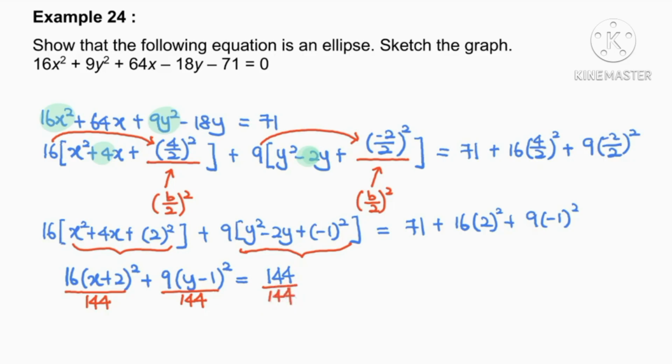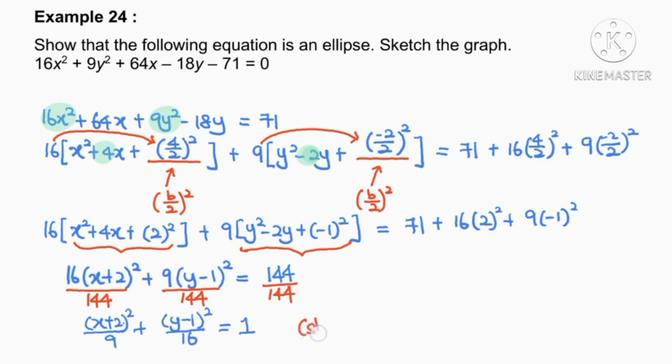So we have x plus 2 squared over 9 plus y minus 1 squared over 16 equal to 1. So here is our equation of an ellipse. Next, we are going to sketch the graph.